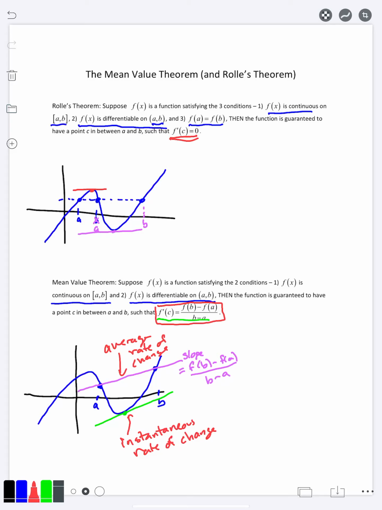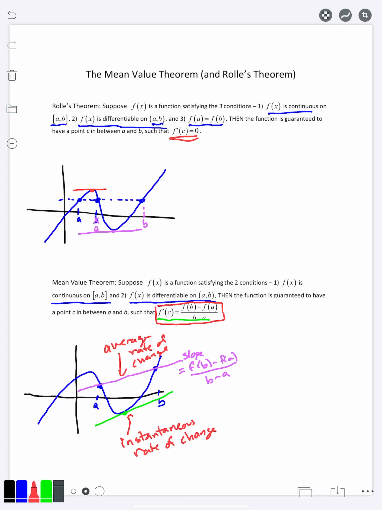So let me give you a real world example on this. Let's suppose that you're doing a long trip here. I don't know, maybe you're going to Vegas or something. And at the end of it, you calculate that your average speed was 60 miles an hour. Now, if your average speed is 60 miles an hour, does that mean that you're going 60 the whole time? That's very unlikely. Likely you were going faster sometimes, and then you had to slow down for traffic or whatnot.